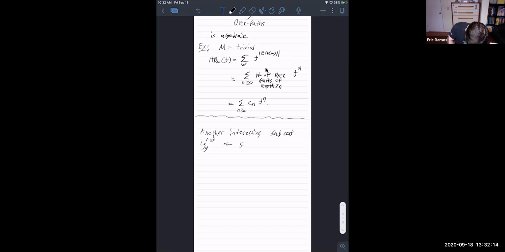This is the subcategory of graphs with first Betti number equal to G, and no vertices of degree 1 or 2.